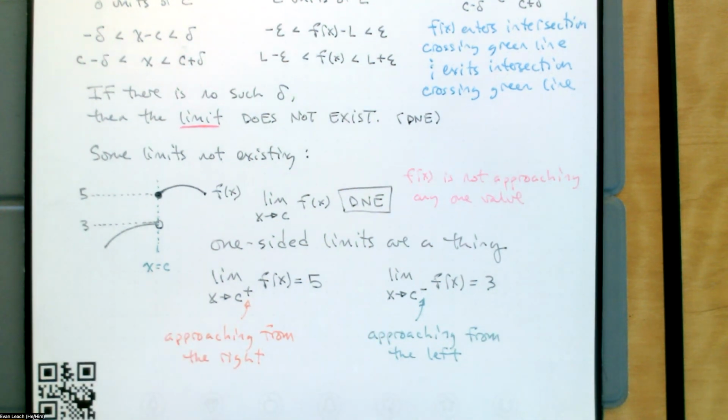So we do have one-sided limits. But because the value that we're approaching from the right is not the same as the value we're approaching from the left, the limit doesn't exist. So because these two values, we're not headed the same place from both sides, we say the limit doesn't exist. Question?